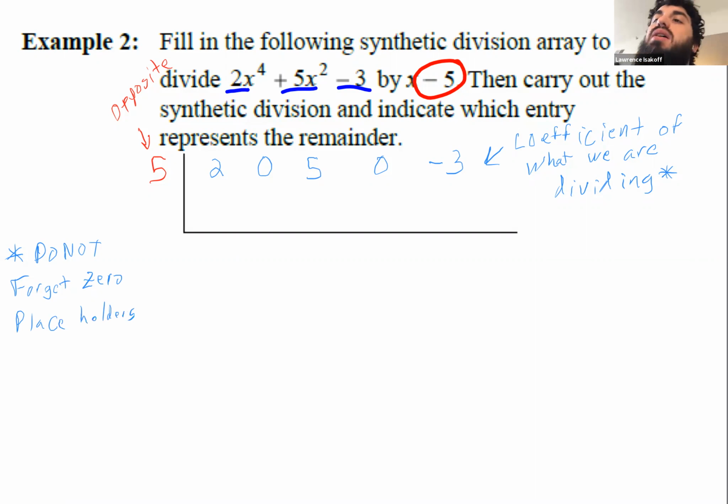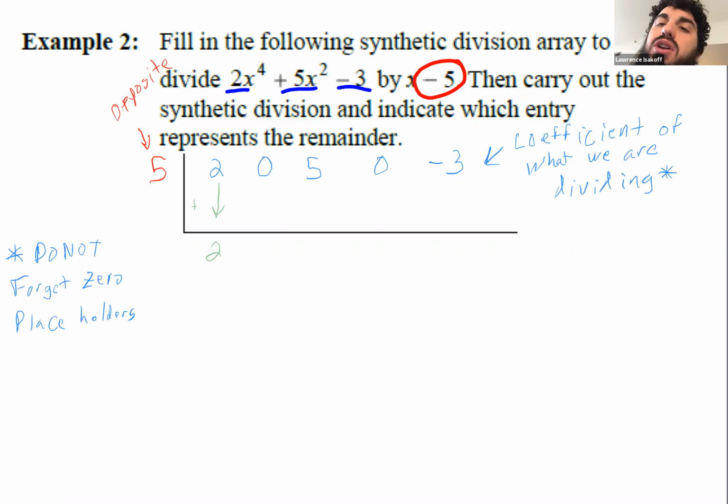Okay. Now what we're going to do, this is essentially 2 steps here. We're going to add, multiply. So what we're going to do is, here there's nothing to add, so this just gets brought down as a 2.